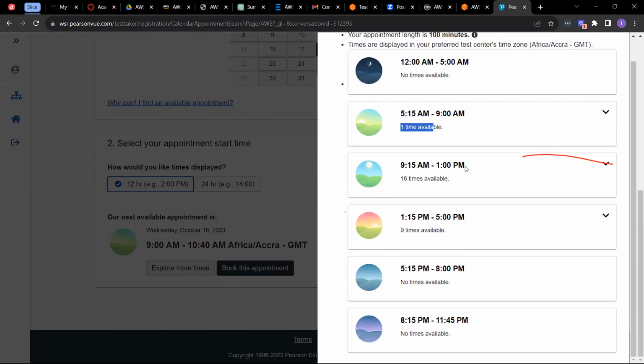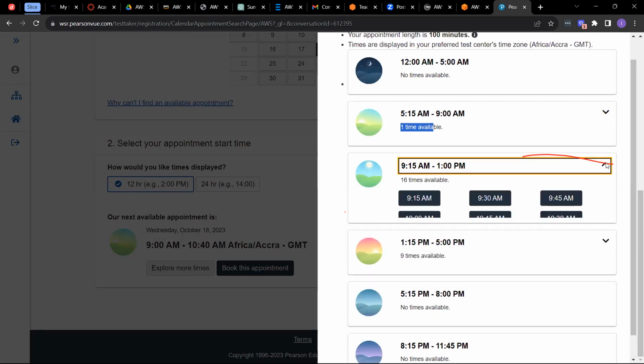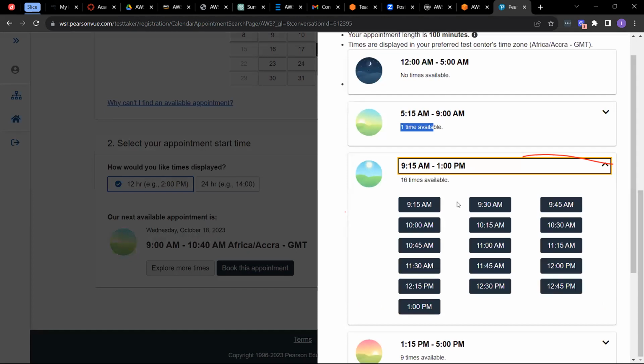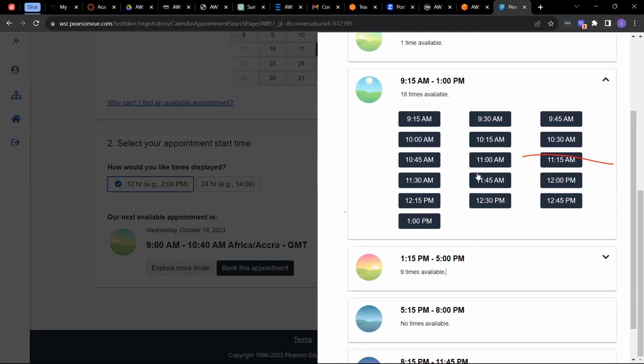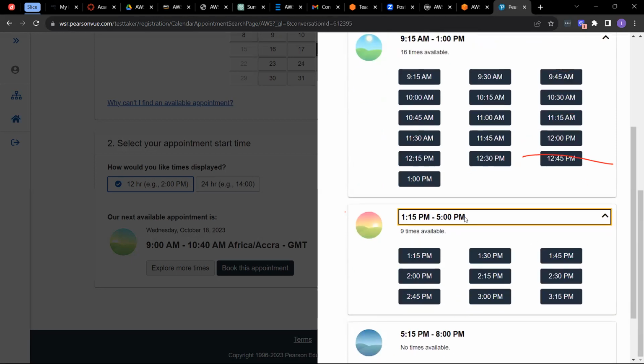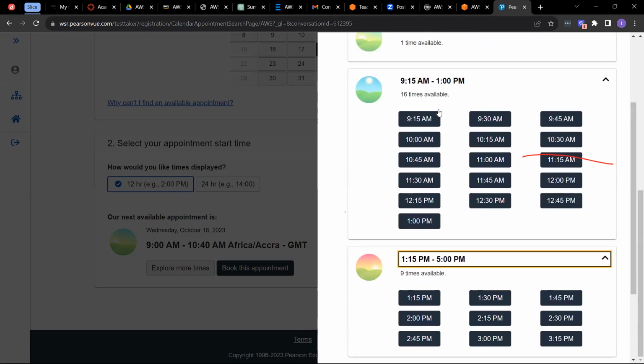And then 9 to 1 p.m. So if you are able to get your voucher, try it and look either from 9 to 1 or 1 to 5. Yes, 1 to 5. But I mean, I will still take 11.